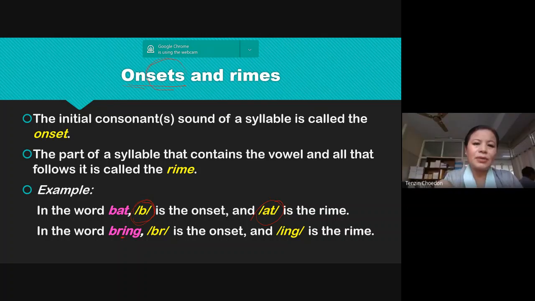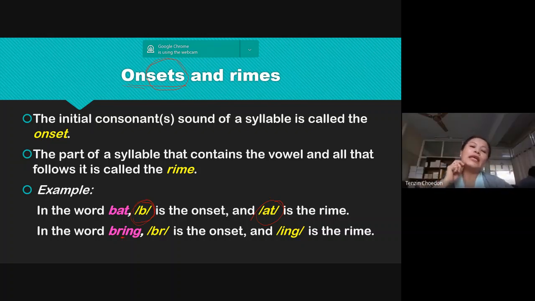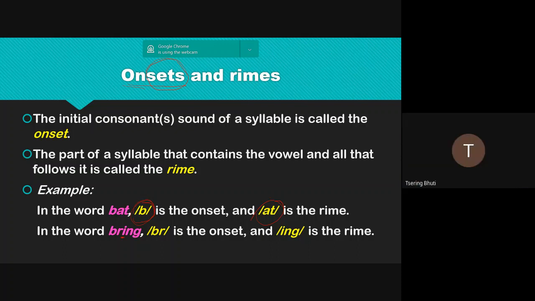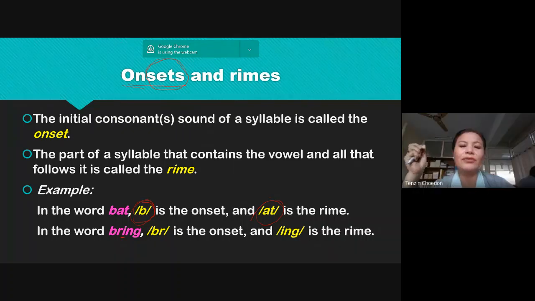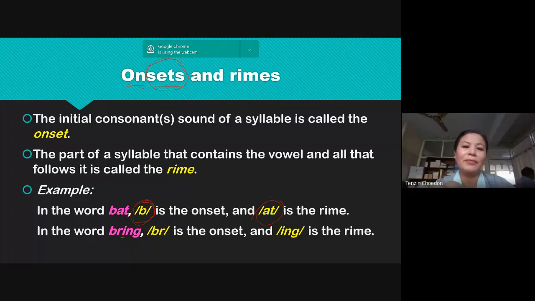If we take the second syllable, set, what is the onset in this syllable? Just the s sound. The rime is ets, because the vowel e and all that follows is the rime.